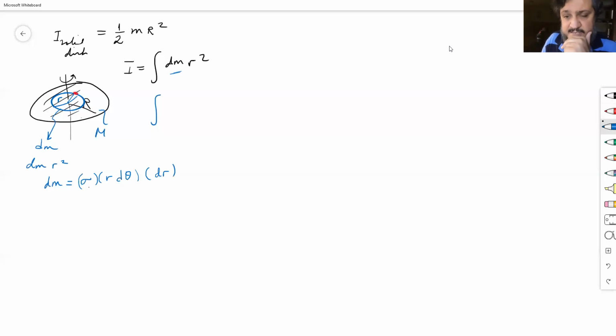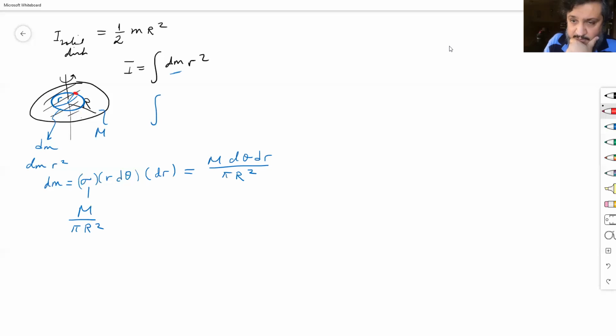And the sigma is total mass divided by total area, pi R squared. So this will be M r d theta dr over pi R squared for that little part, dm.